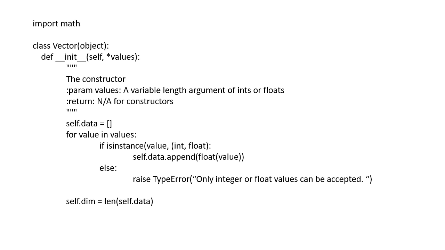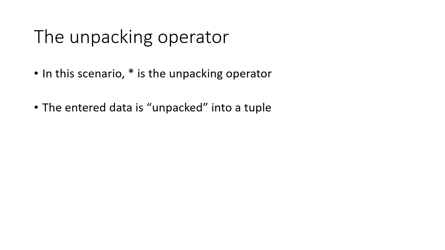It just allows us to enter the values as, say, Vector(1, 2, 3), rather than creating a list or a tuple. So the unpacking operator allows us to have an arbitrary or a changeable number of inputs at different times.